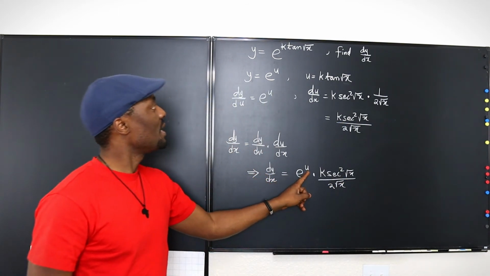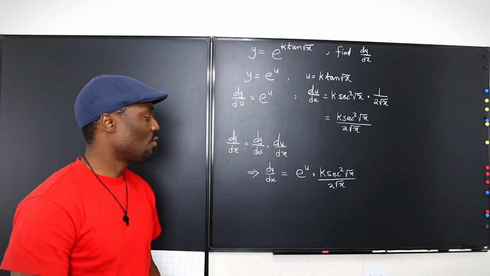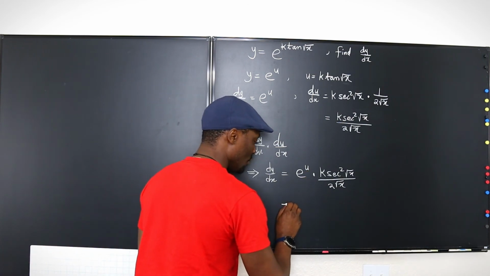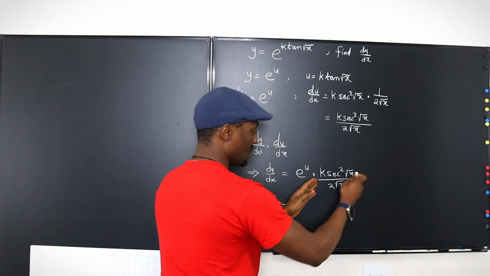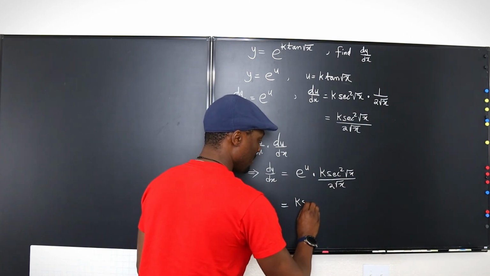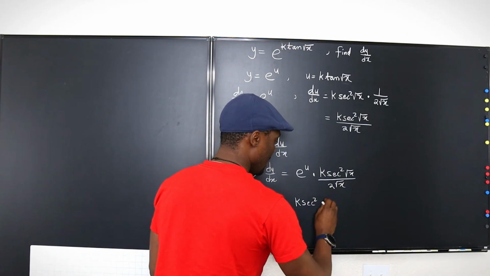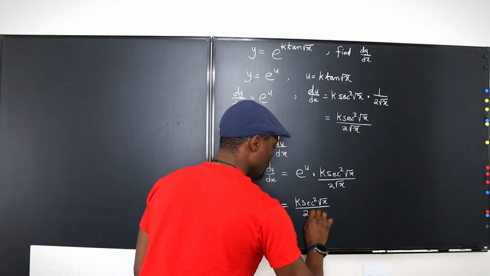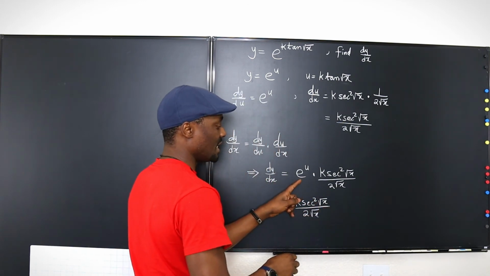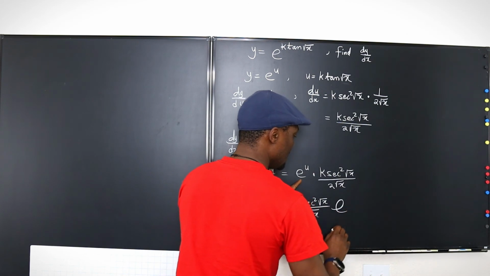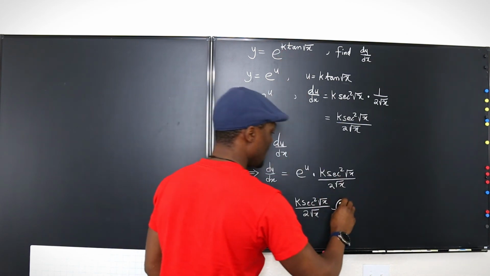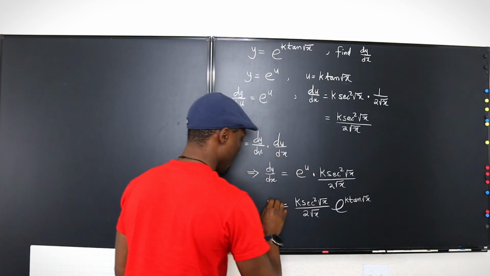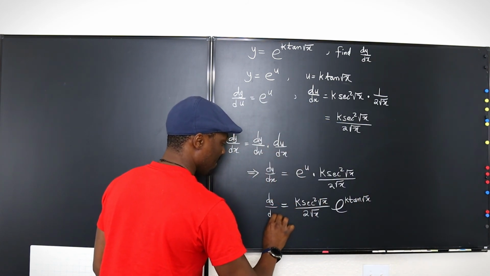Well, we know what u is. u is actually k tan square root of x, and that's the only substitution we need, and we'll get our answer. So just to make our answer look beautiful, I'm going to put this on this side. That's going to be k secant squared square root of x over 2 square root of x multiplied by e to the u, and u will be k tan square root of x. So that's our dy dx.